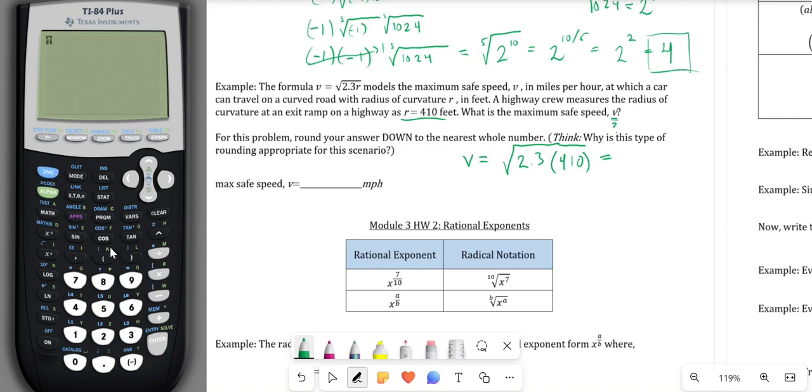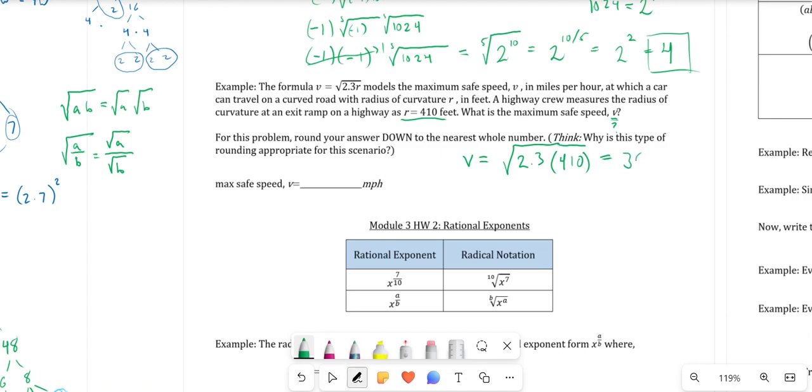Is there an algorithm for doing square roots of decimals? Yeah, sure there is. It's unwieldy and slow and involves a lot of guessing and checking. The calculator understands what that is pretty perfectly. This is 30.70 and so on. And they want it rounded to the nearest whole number, so we would say that's 31.